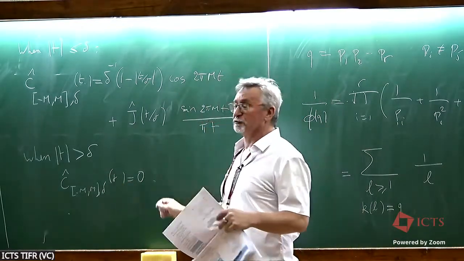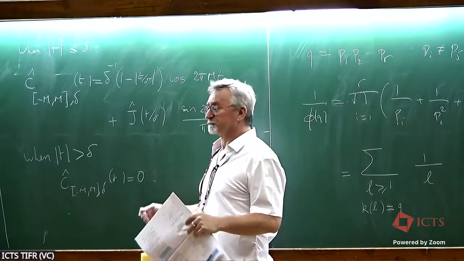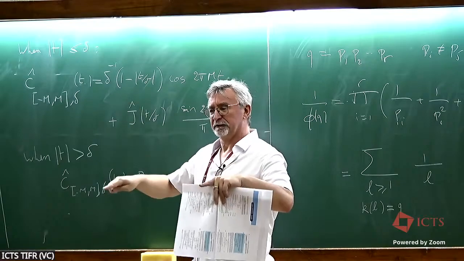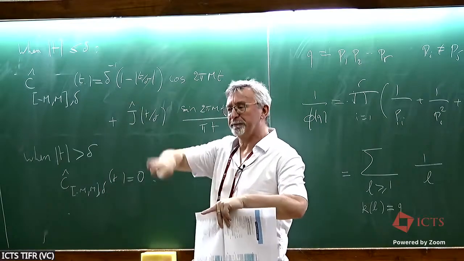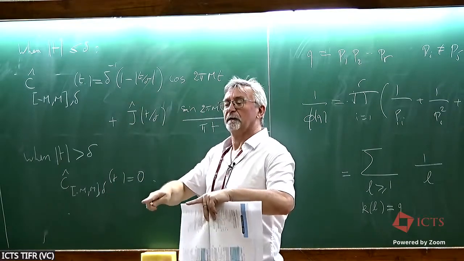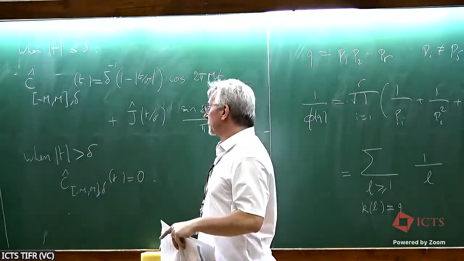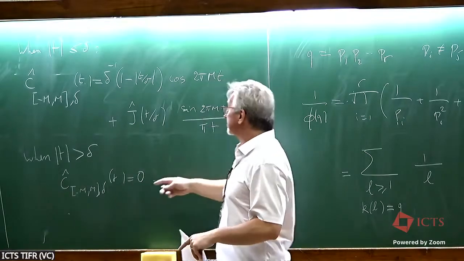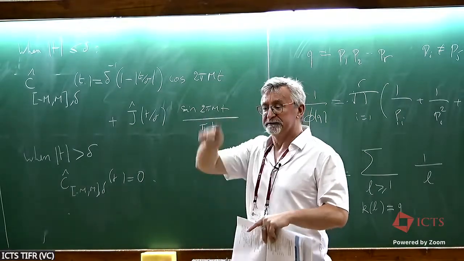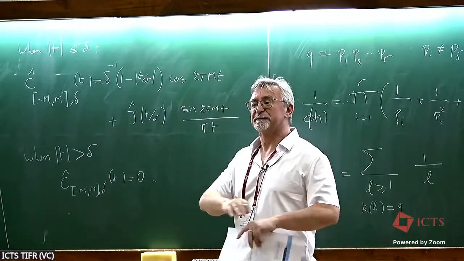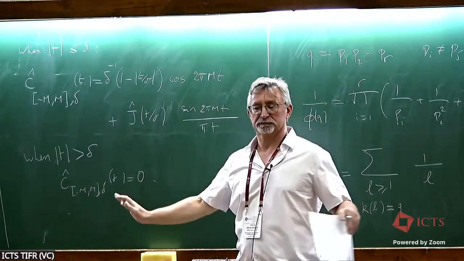It vanishes. Usually, you say the Fourier transform of the characteristic function of an interval has a sharp peak in 0 and then decreases fast. What we say here is that it has a sharp peak in 0 and it's 0 outside. So it will simplify our analysis a lot.